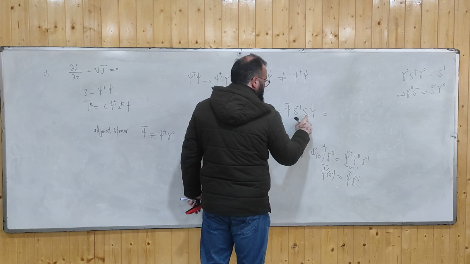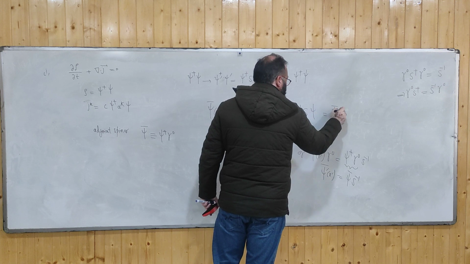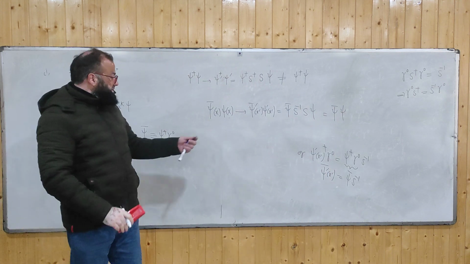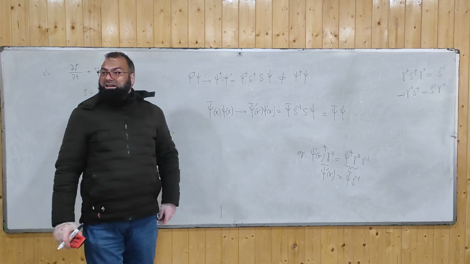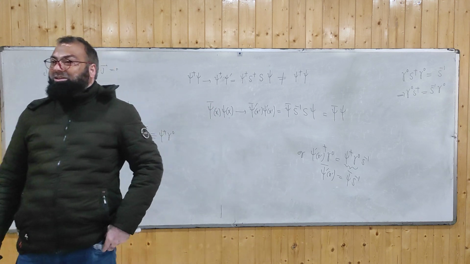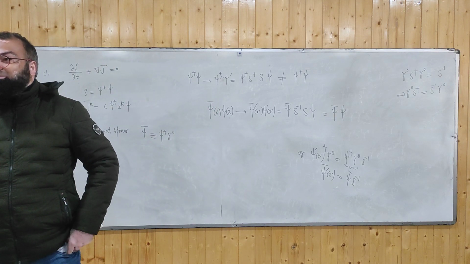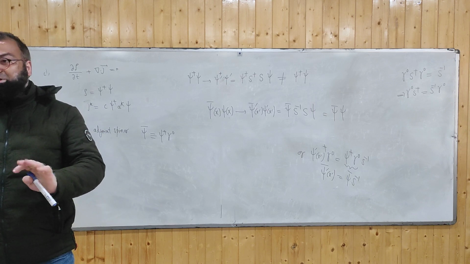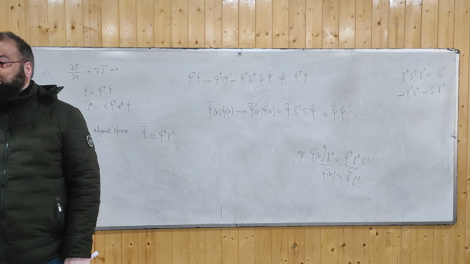So what is S inverse S? That's identity. It is psi bar psi. So this very object psi bar psi transforms as a scalar under Lorentz transformation. It is the quantity psi bar psi which transforms as a scalar. Clear?